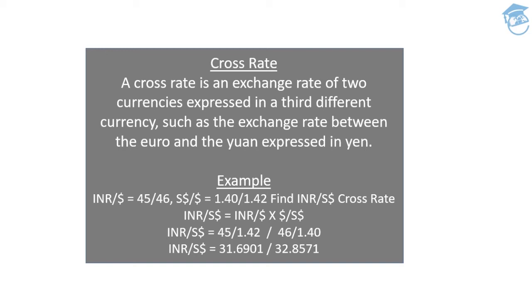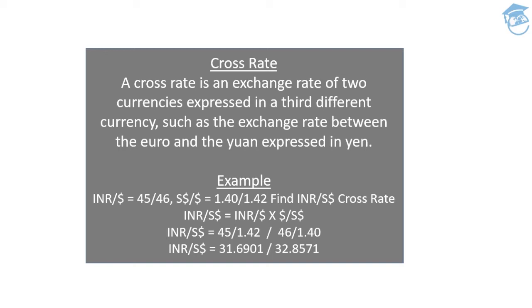You will divide that 45 by the Singapore dollar rate of 1.42. Since you have got the dollar, you now need to purchase the Singapore dollar. The bank will say, I can only offer you the dollar at 1.42 Singapore dollars. So the same will be classified under your bid.